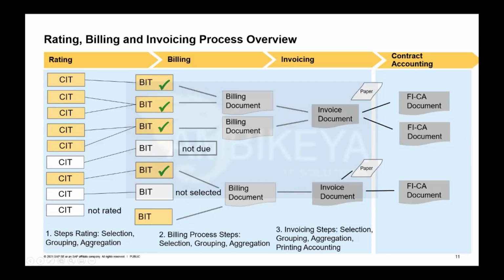The first step that we do is to select consumption items, group them together, optionally aggregate them, and do the rating. The rating is normally done in the Convergent Charging system. It could be done with easy price models, also with a sales and distribution integration rating, not only with very easy price models.